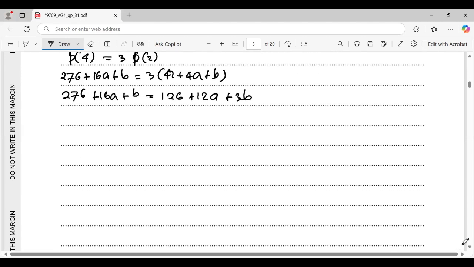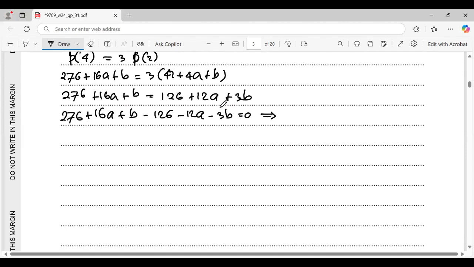Roll down again: 276 plus 16a plus b minus 126 minus 12a minus 3b equals 0.